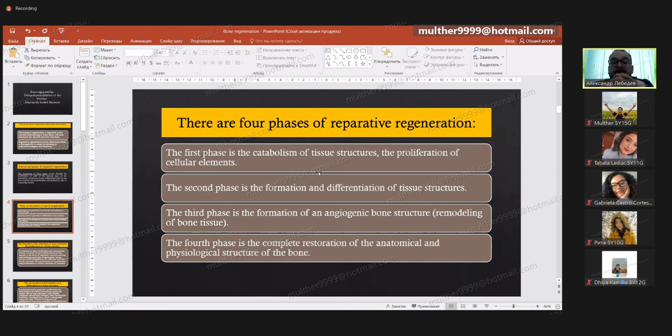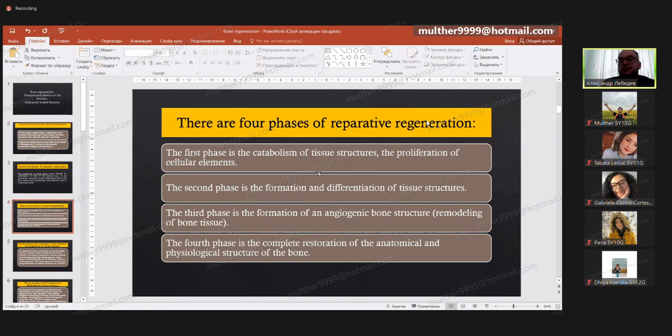The third phase is the formation of angiogenic bone structures. When the first osteoblasts start to grow new bone tissue, they need vessels too. And you see that bone formation happens in the second phase. Just in the third phase we see the angiogenic bone structures and remodeling of the bone tissue.